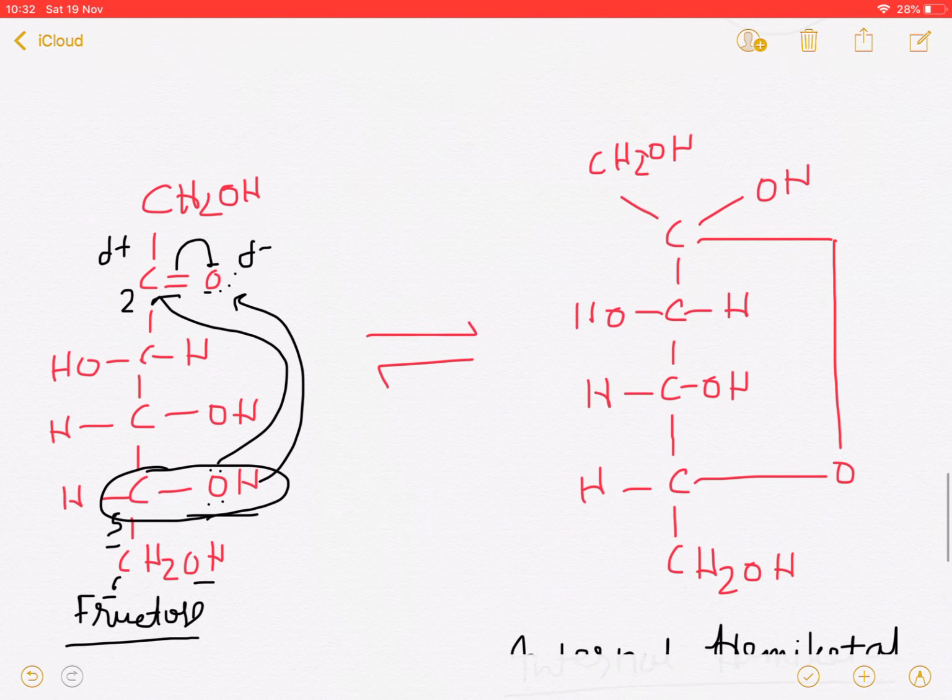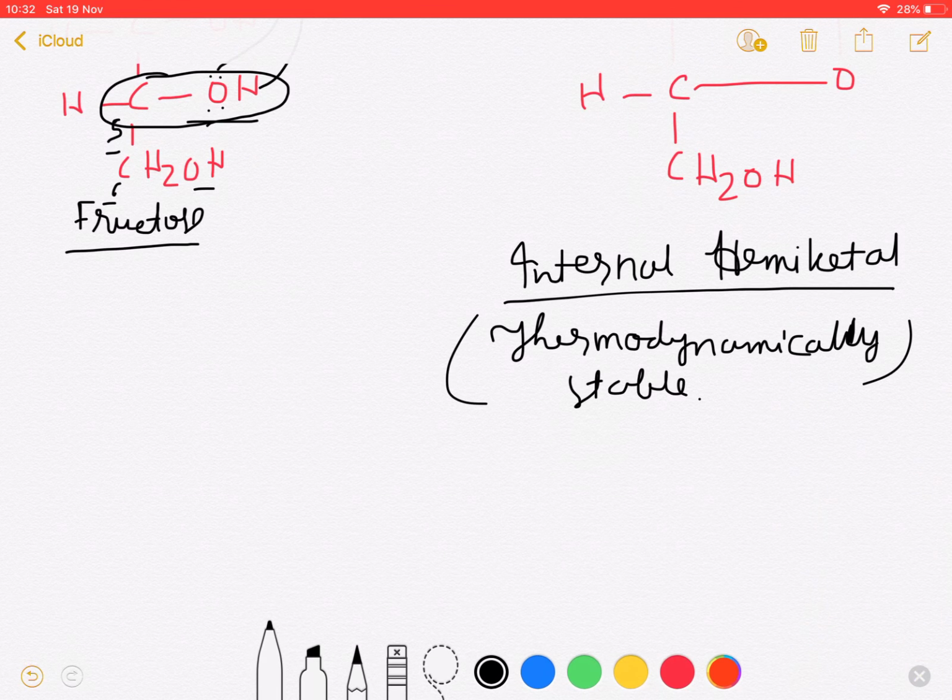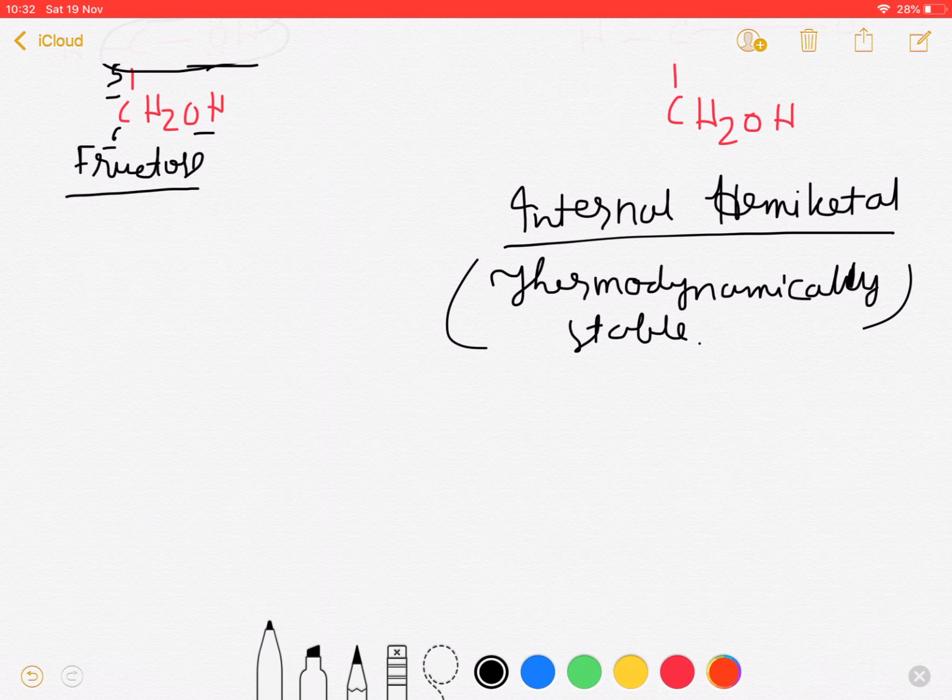So how is this an internal hemiketal? Hemiketal formation takes place when an alcohol reacts with a ketone. Let's see the formation of a hemiketal.